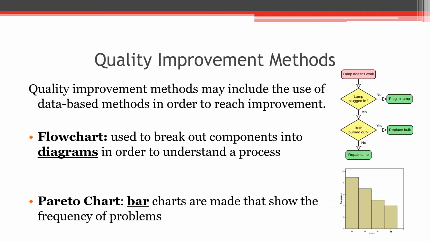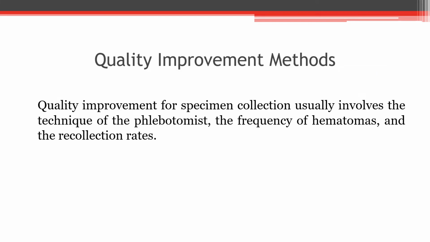Quality improvement methods. Quality improvement methods may include the use of data-based methods in order to reach improvement. Flowchart, used to break out components into diagrams in order to understand a process. Pareto chart. Bar charts are made that show the frequency of problems. Quality improvement for specimen collection usually involves the technique of the phlebotomist, the frequency of hematomas, and the recollection rates.